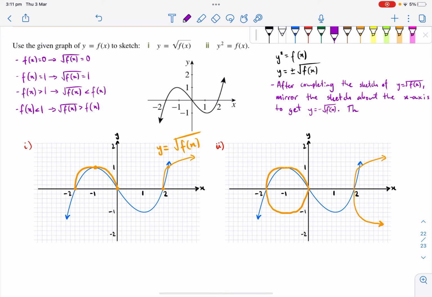This will give you y squared equals f(x). And that's that.